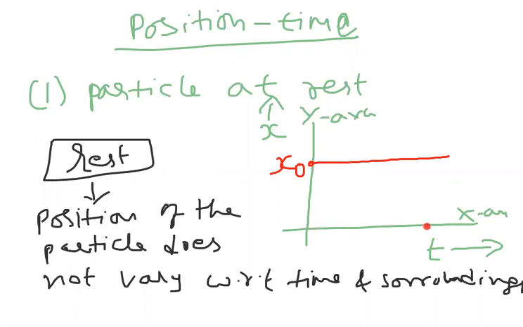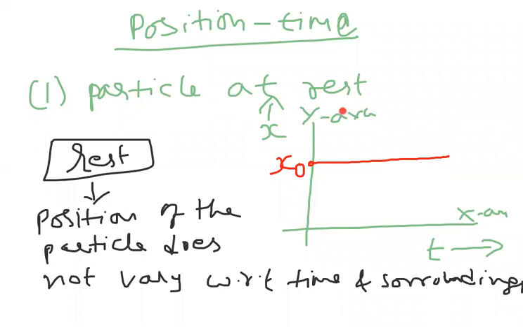For every particular time, the y-axis term is the same. If you draw any line parallel to the x-axis, the y term is constant. The y term is here x0, the position x0. This x0 is constant for any particular time. For all times, the x0 value is fixed, which means we can say the particle is at rest.